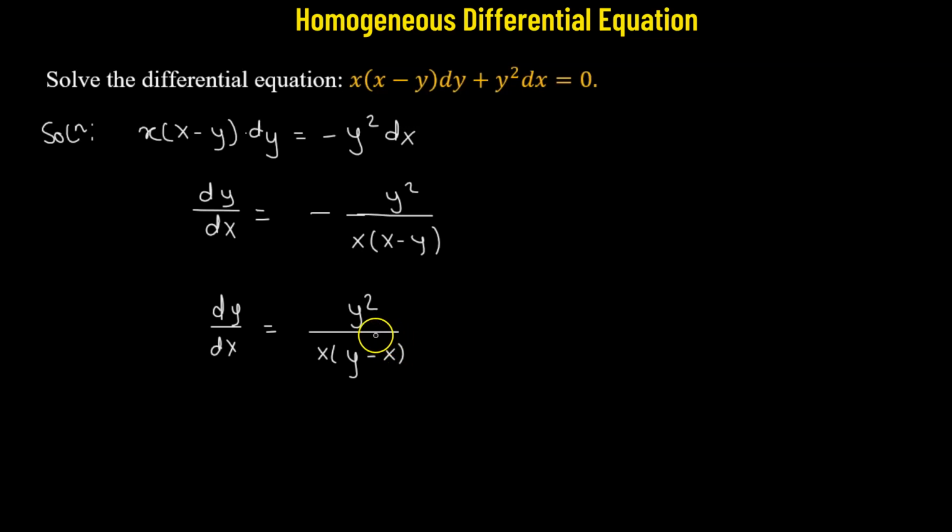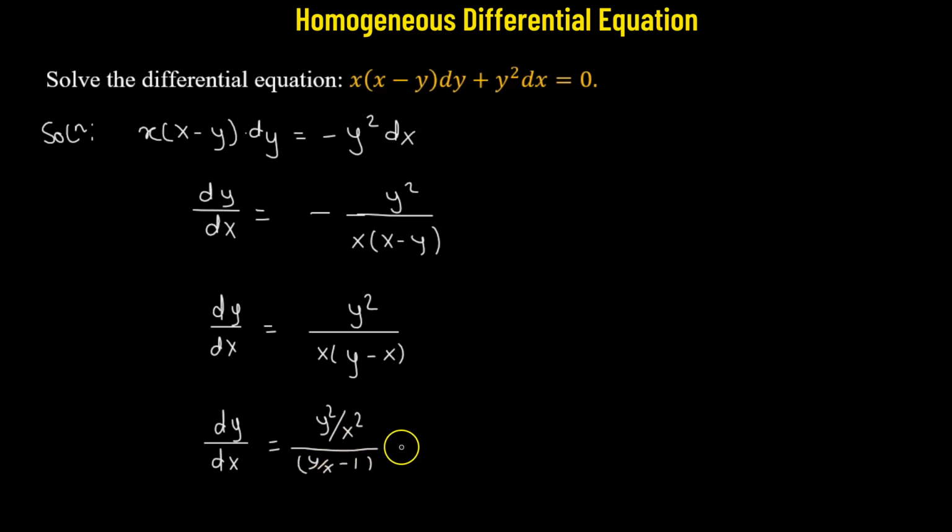In the next step, we'll divide each of the numerator and the denominator by x squared, such that our differential equation becomes (y squared divided by x squared) divided by (y over x minus 1).